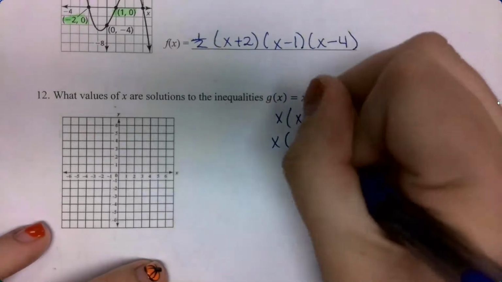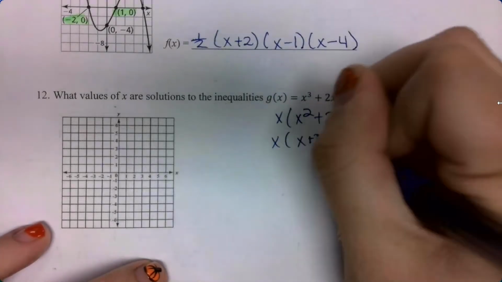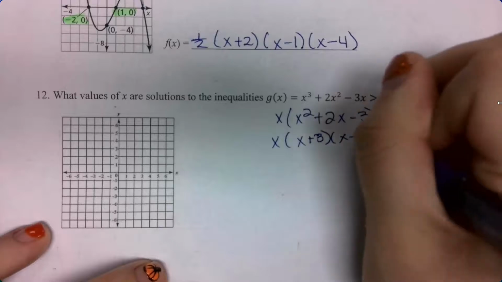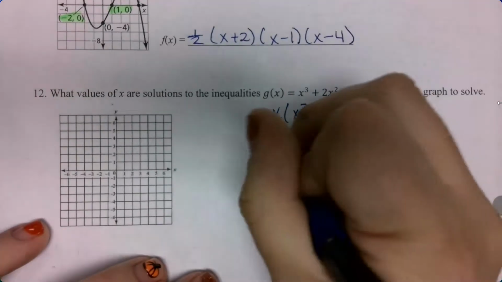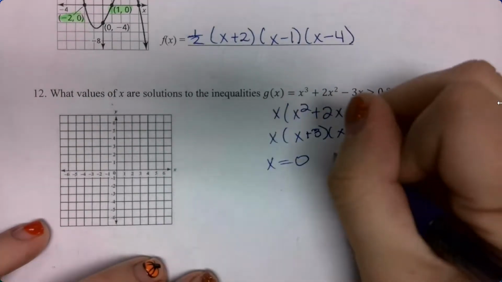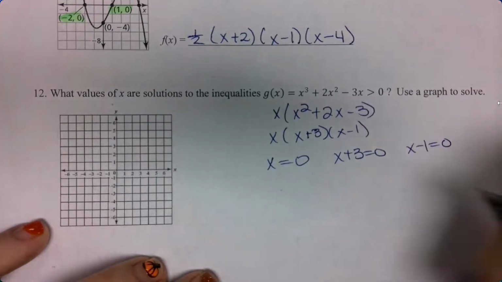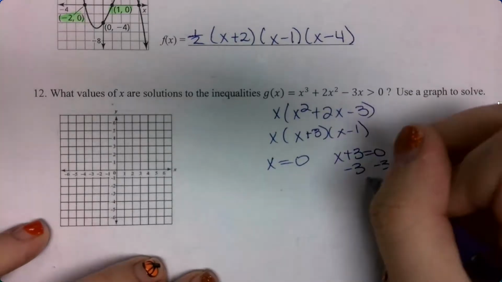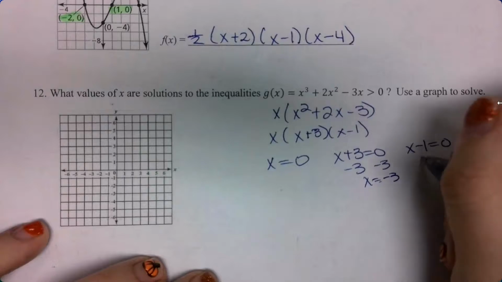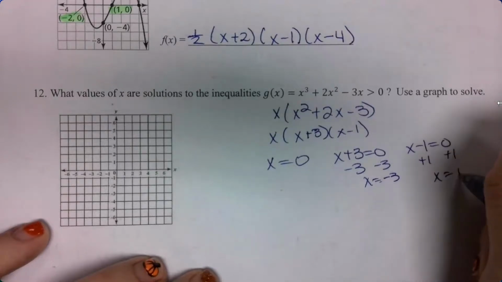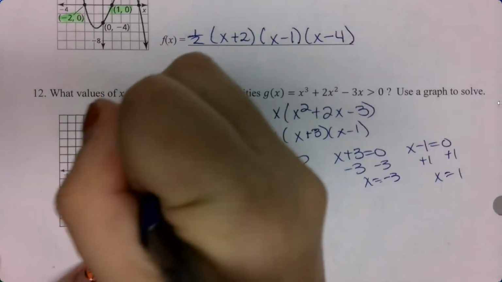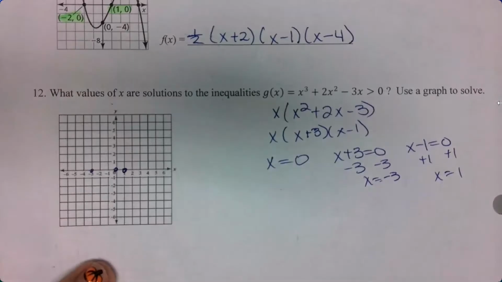That is positive 3 and negative 1. Then I'm going to take all of my factors and set those equal to 0 to find my zeros. I have x equals 0 already solved. And I have x equals negative 3, and x equals 1. So I'm going to put points at those 3 values.